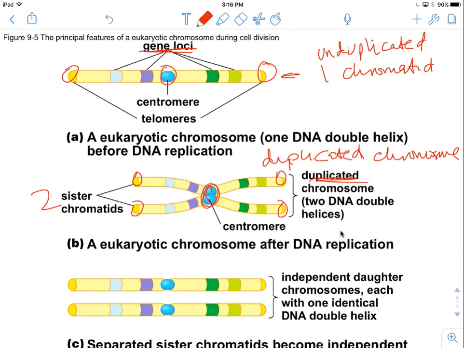So that's after DNA replication. And then once the chromosomes go through cell division, the sister chromatids are separated, and they become independent chromosomes on their own.